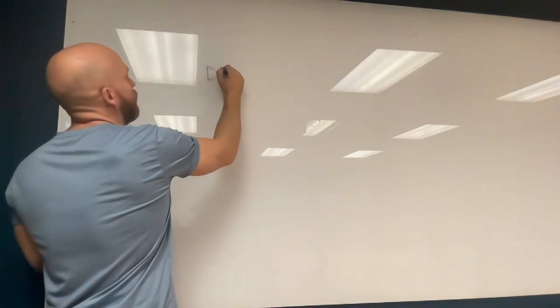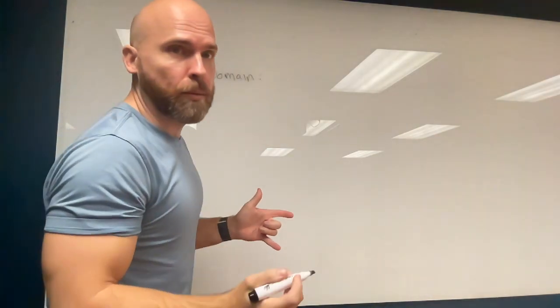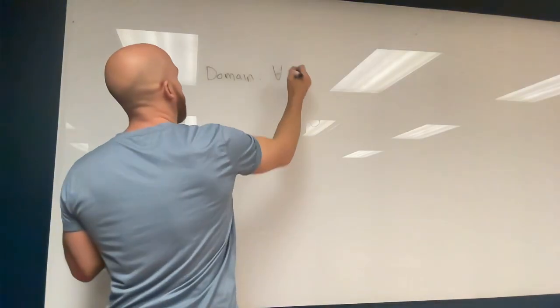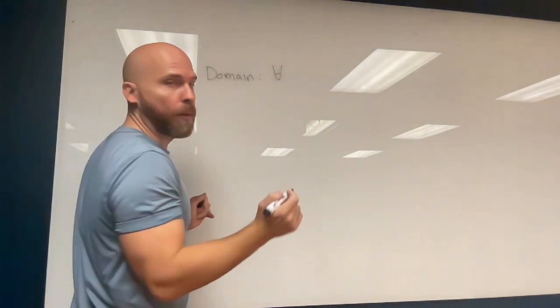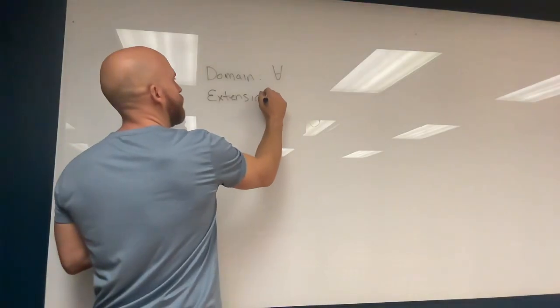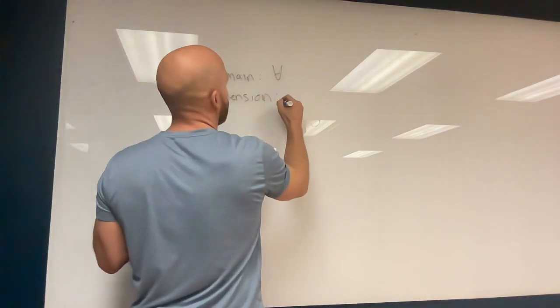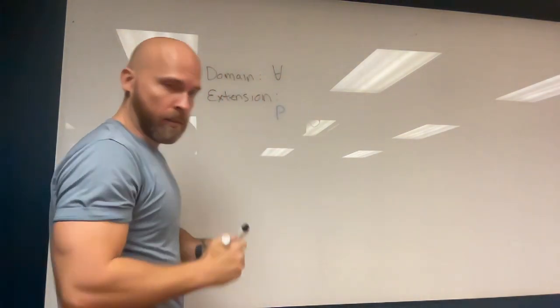So for the first one, we've got a domain, as we always have when dealing with interpretations. And what is it? All the things, all of them. Then we also have an extension. Hopefully you can see this. Is that coming through clearly?